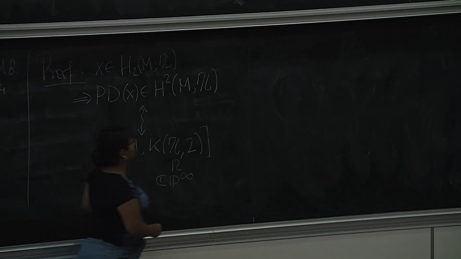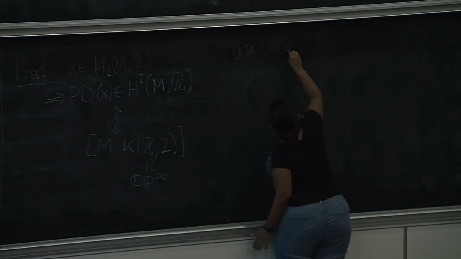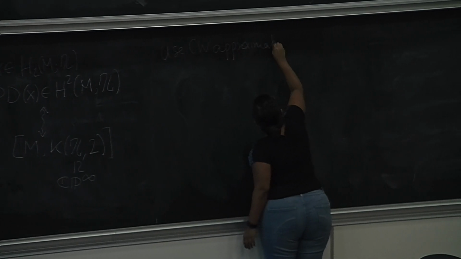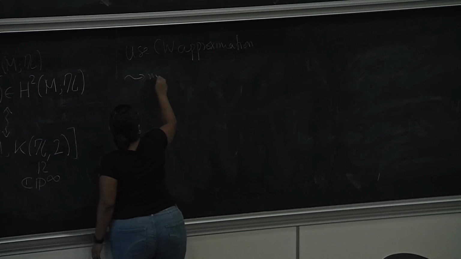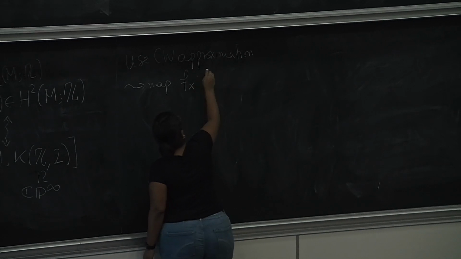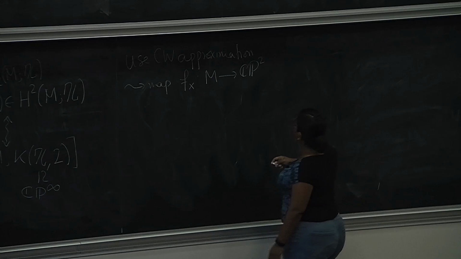Okay? So we can use cellular approximation to get a map, let's say f_x, going from M into CP^2.